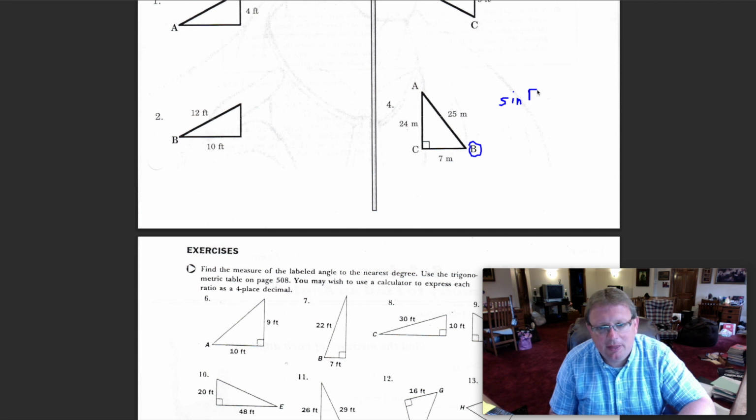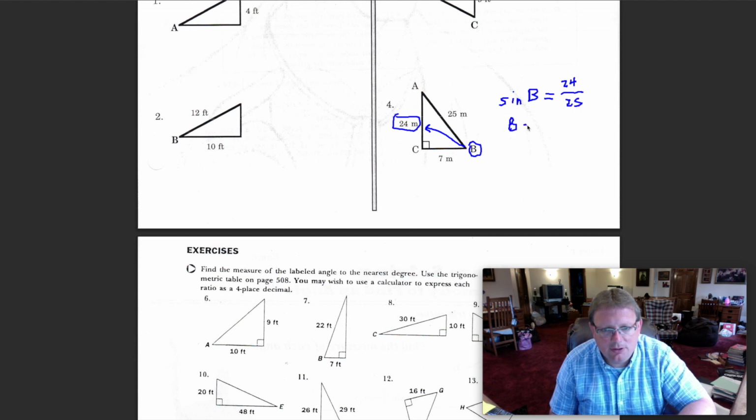But because he picked that, now he has to pick the opposite leg and the hypotenuse. So if he picks sine, he has to pick the opposite leg, which is 24, over the hypotenuse of 25. And so here we go.